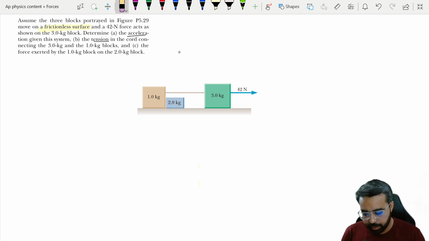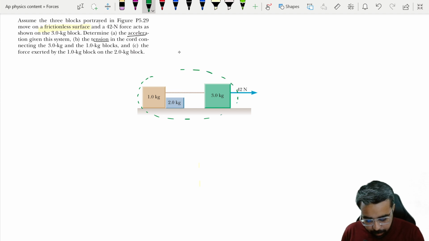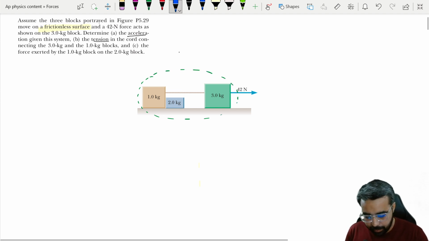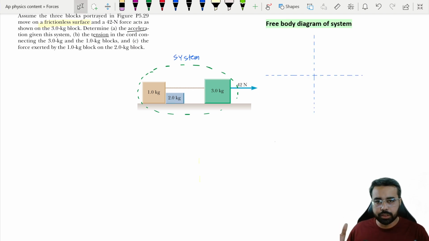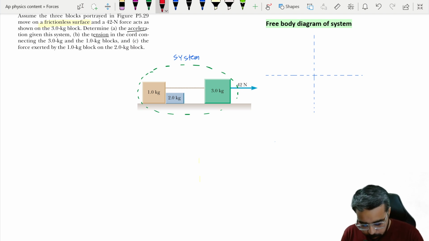How can we find the acceleration of the system? The system contains everything that you see in this diagram. So when we draw its free body diagram, that is very easy. For this system, you have to consider one concept: all the internal forces, like the normal force and the weight, balance each other.